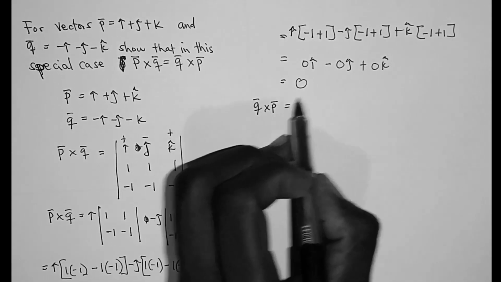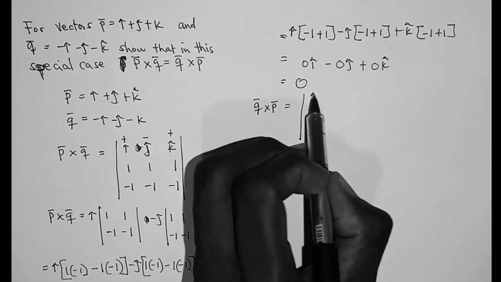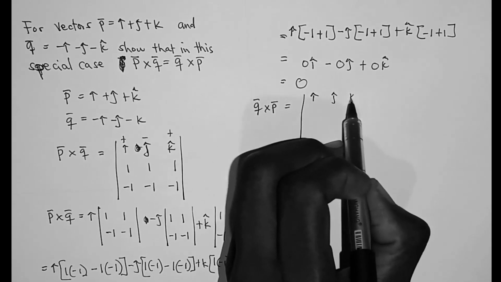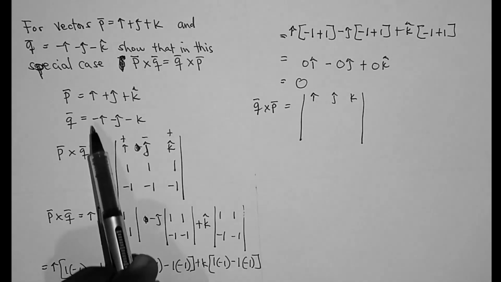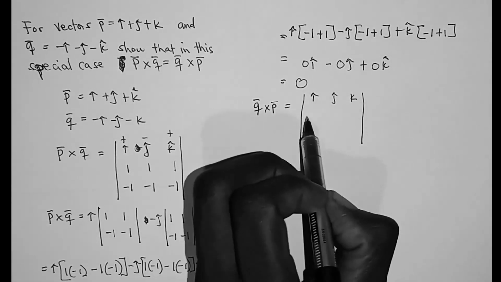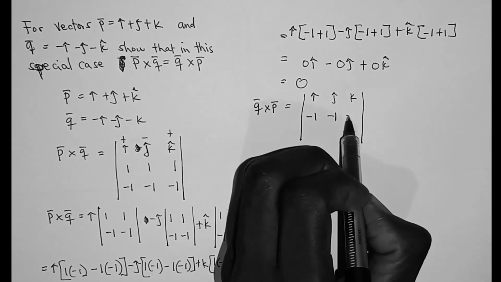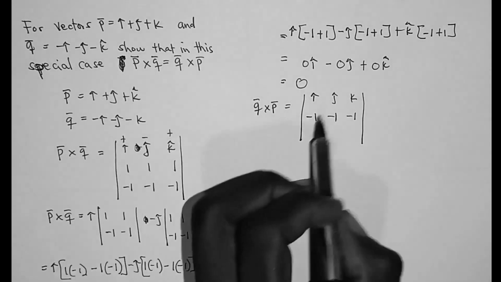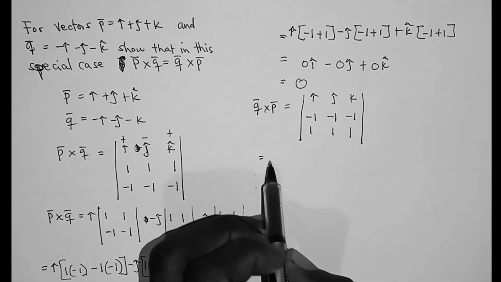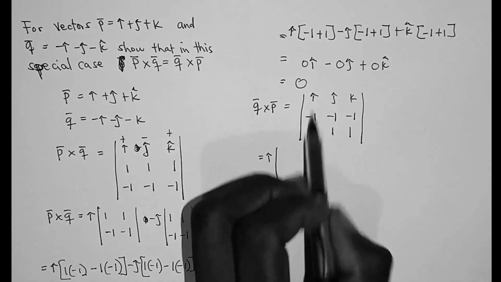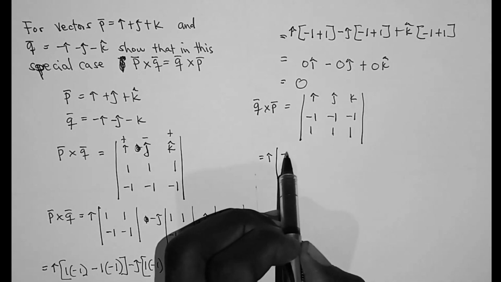And this is equal to i, j, k. This is the unit vector. And then vector q is minus i, minus j, and minus k. Vector p is i, j, and k. So this is equal to i. You cross out the row and column and write the 2 by 2 matrix.